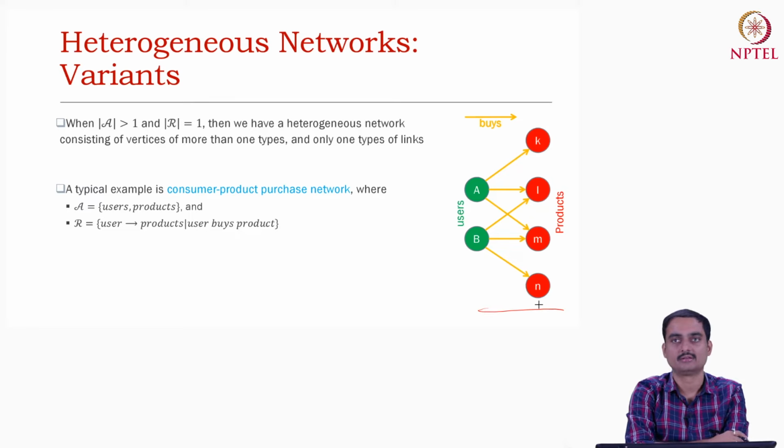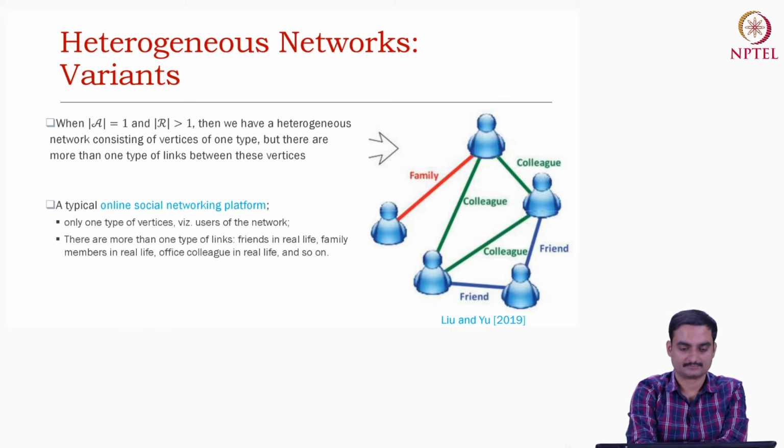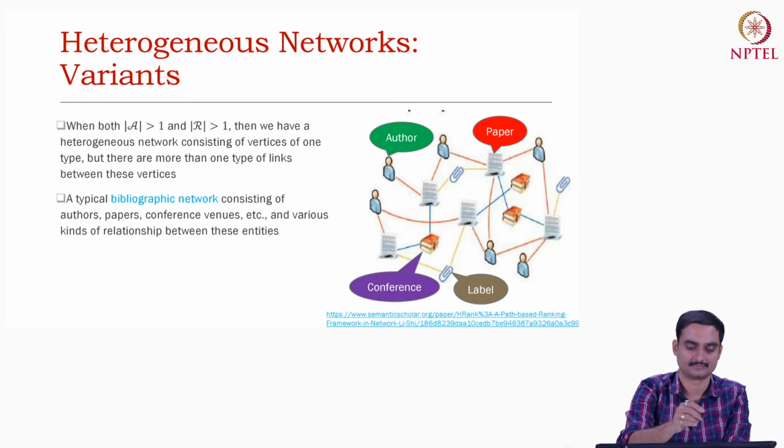This is actually a node heterogeneous network. You have different nodes, user nodes and product nodes, but edges are the same. All these edges indicate some sort of buy relationship. And this is a kind of edge heterogeneous network where nodes are users, but edges can be friendship relation, can be family relation, can be colleague, and can be anything, right. So, edges are heterogeneous.